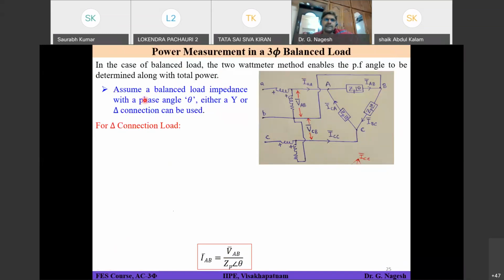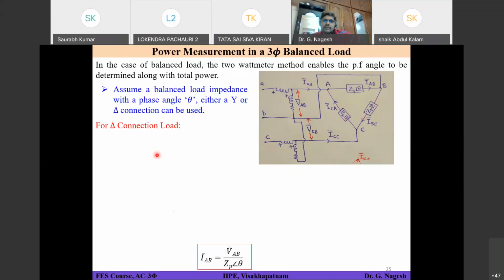Assume a balanced load impedance with a phase angle of theta, either a star or delta connected system. That means what we are going to see is applicable for a star connected system as well as for a delta connected system. I have considered a delta connected load, and I am trying to check whether I can find the power factor or not.